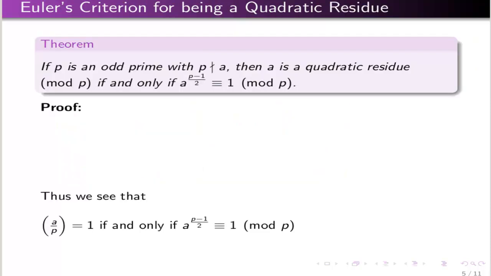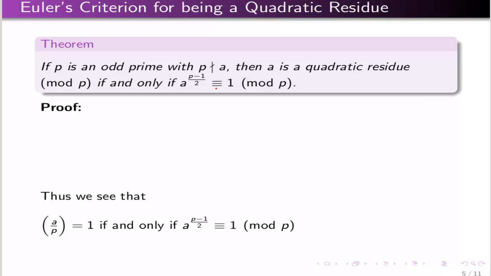Okay, Euler's criterion for being a quadratic residue. So we did this last time. Let p be an odd prime, with p not dividing a. Then a is a quadratic residue mod p if and only if a to the (p-1)/2 power is congruent to 1 mod p. So this was the Euler criterion for quadratic residues.